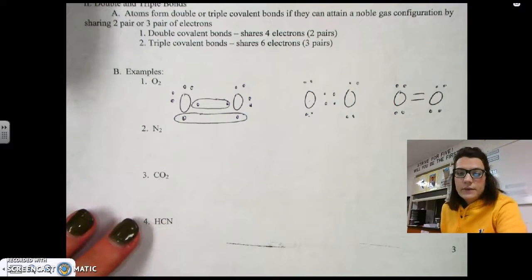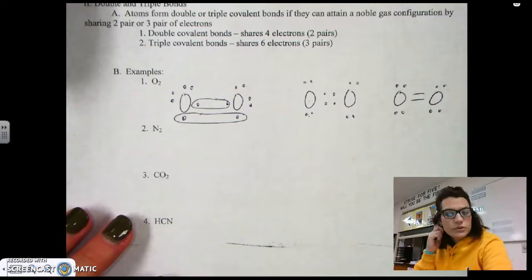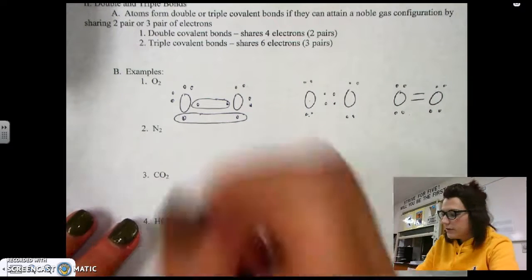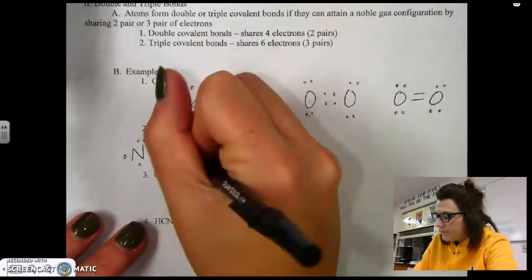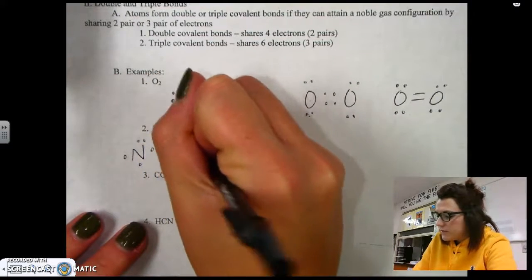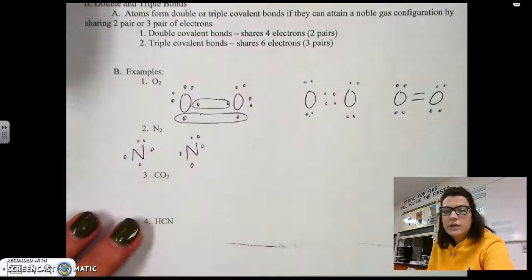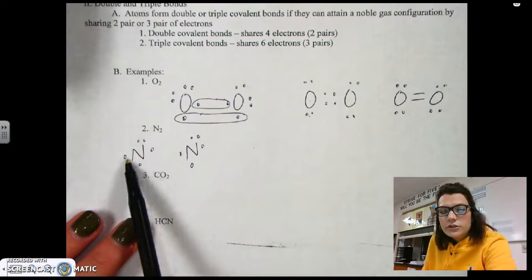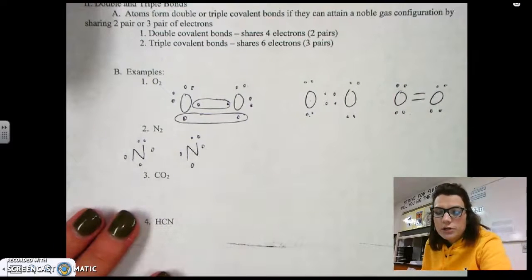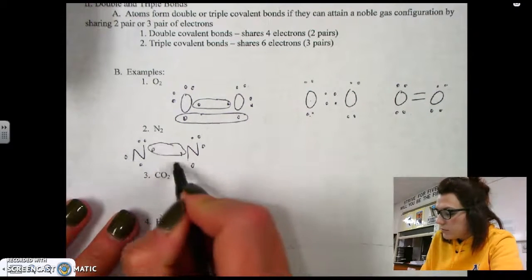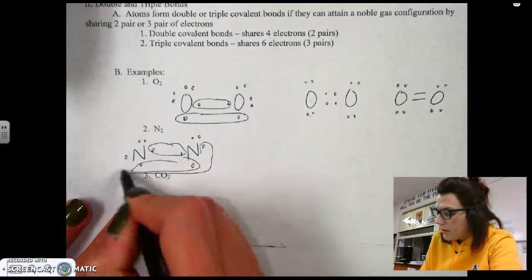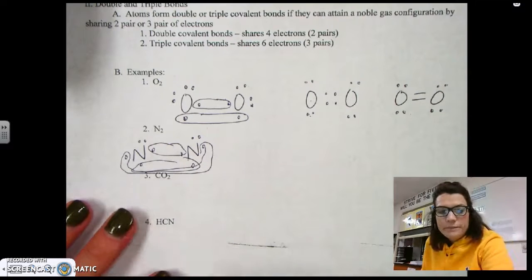Nitrogen, let's look at this one. Nitrogen is also a diatomic, so let's write this one. So we have nitrogen with its 5 valence electrons, and this nitrogen with its 5 valence electrons. And you'll notice that each nitrogen has 3 electrons that need a partner, which means each one of those electrons will be shared on that nitrogen atom, okay?